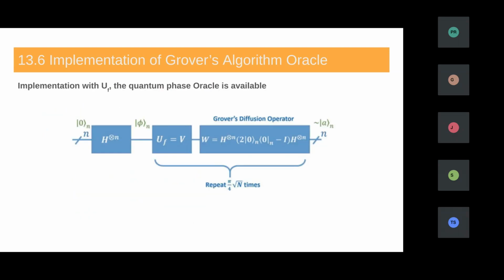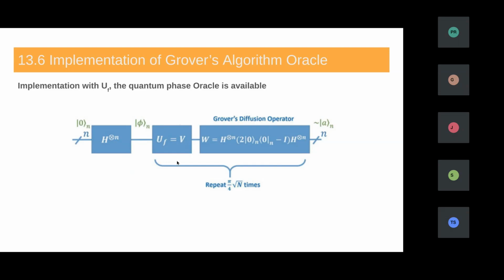I will just stop here with the circuit which is shown to you. You take a number of qubits equivalent to the size, which is 2 to the power n, then you apply the Hadamard on all n of them, and then you create the phi, which is the linear combination.